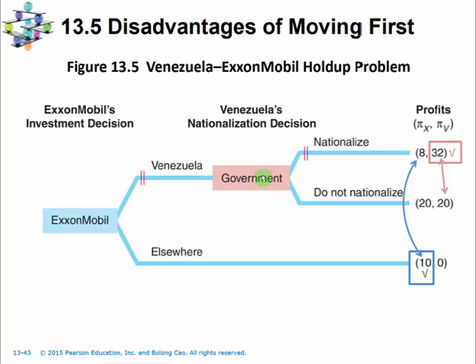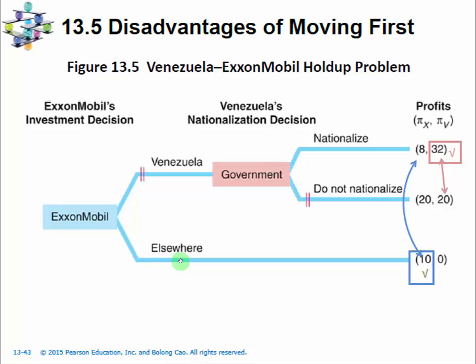So the subgame perfect Nash equilibrium in the hold-up game here is for ExxonMobil to invest elsewhere, and for the Venezuelan government, it will nationalize the investment made by ExxonMobil once ExxonMobil invests in Venezuela. Since the best response for the Venezuelan government is not to keep their promise to treat the foreign investors very well after they have made investment there, the foreign investor will never start to invest in Venezuela.